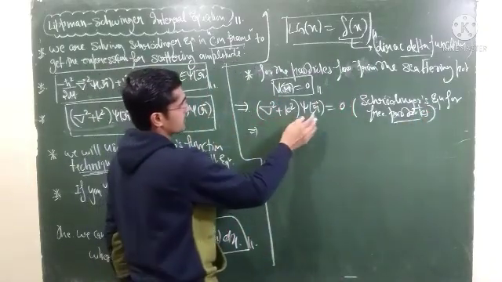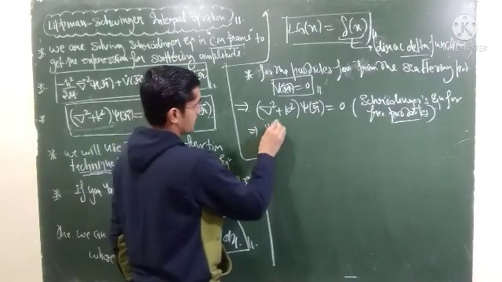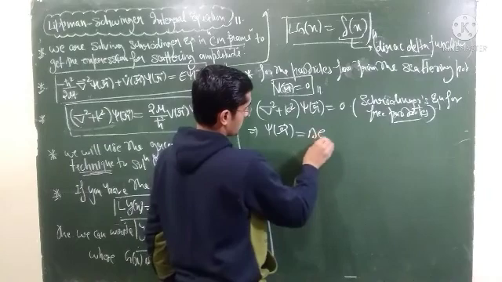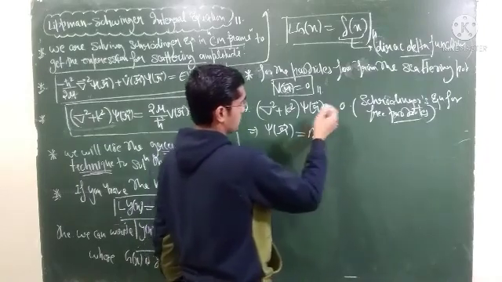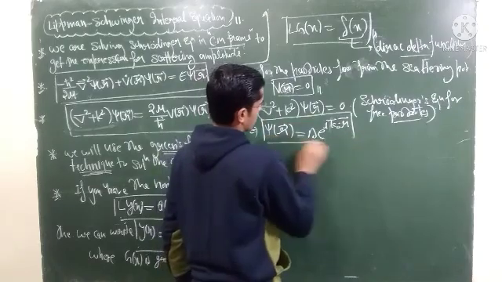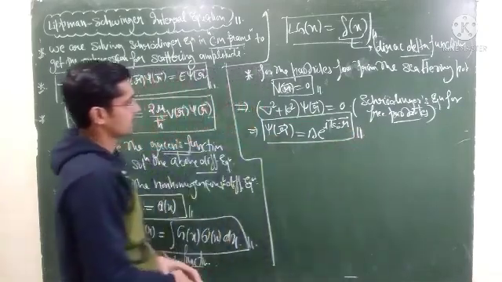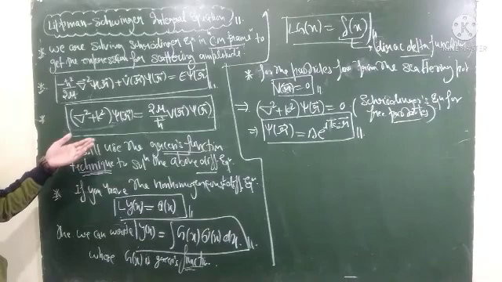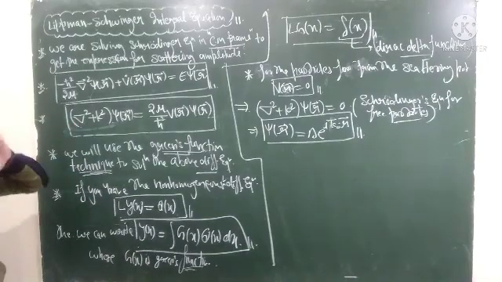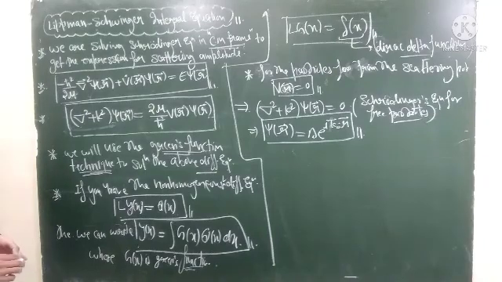And we know that if the particle is free, then we can write the wave function for that particle as a plane wave, e to the power i k naught dot r. We have seen all these things. So this is the solution when the particles are very far from the scattering potential.